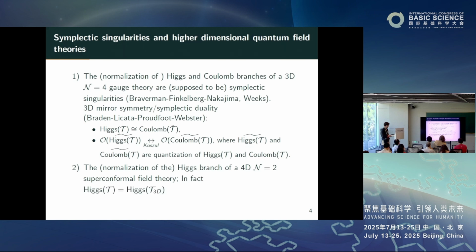In fact, you can go from 4D to 3D by doing what physicists call S1 compactification, and it's known that the Higgs branch remains the same. And if you use 3D mirror symmetry, the 4D Higgs branch is isomorphic to the Coulomb branch of the mirror to the 3D reduction of the 4D theory.